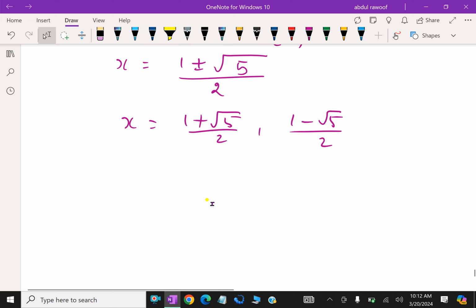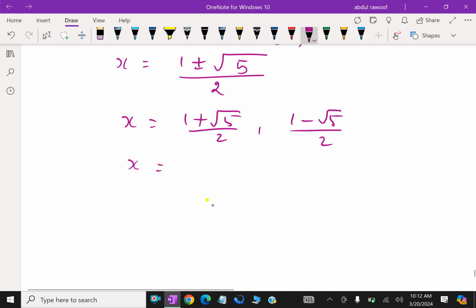Now by using calculator we can get the values approximate to 3 decimal places. X equal to 1 plus root 5 over 2 equal 1.618 and 1 minus root 5 over 2 is minus 0.618. Now these are two values.